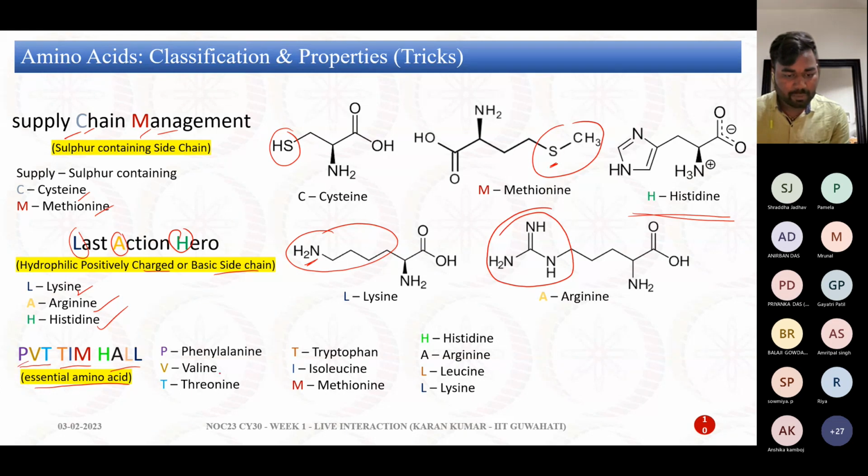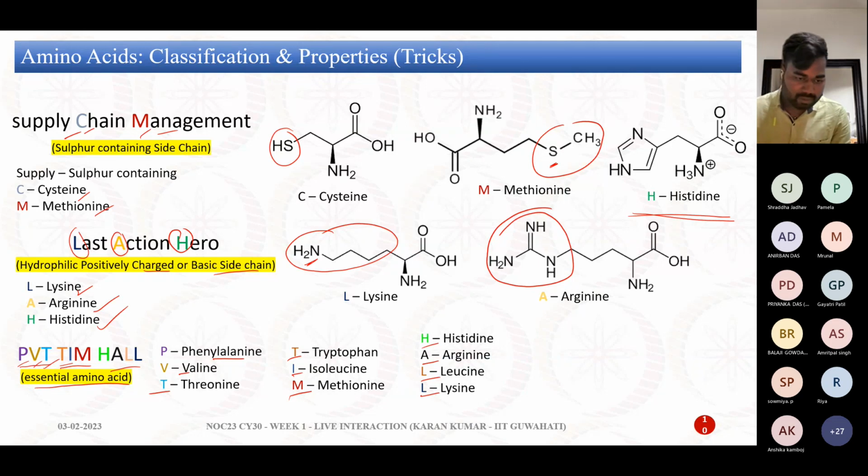In PVT, P represents phenylalanine, V represents valine, T represents threonine. In TIM, T represents tryptophan, I represents isoleucine, M represents methionine. H represents histidine, A represents arginine, L represents leucine, and another L represents lysine. These are the 10 amino acids which our body cannot produce and that need to be taken through the diet.